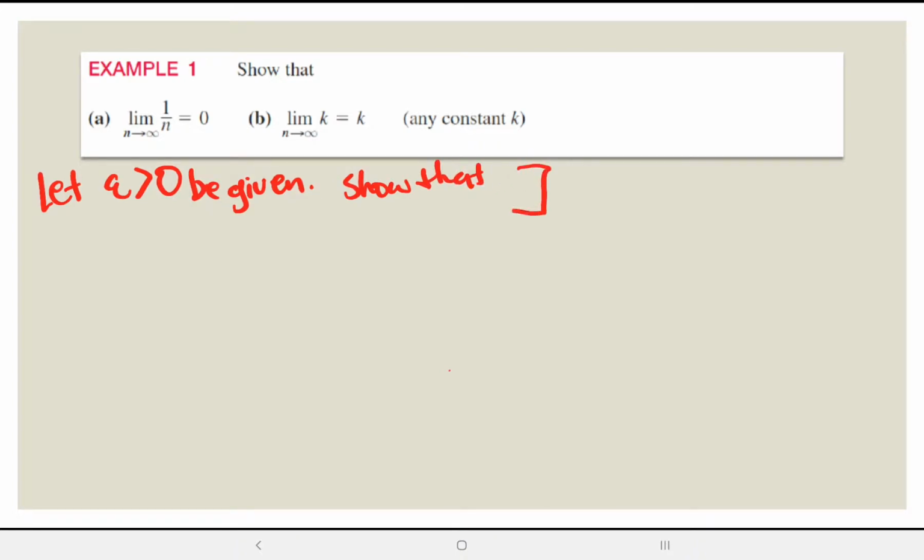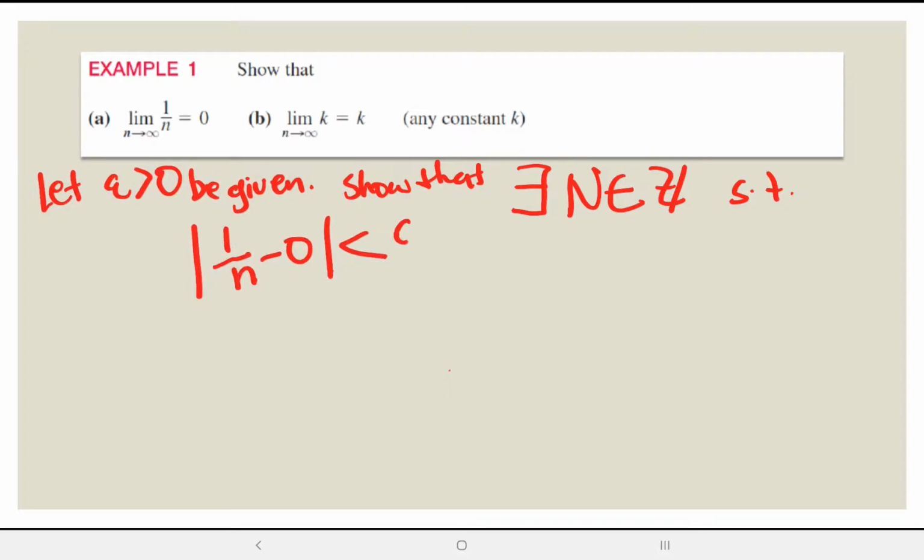there exists, so this symbol is there exists, an N integer such that 1 over n minus 0 is less than epsilon whenever n is greater than N. Okay, so don't be confused by the symbols. So this one is just equal to there exists, okay, and then N, variable yan, is an element ng set of integers.